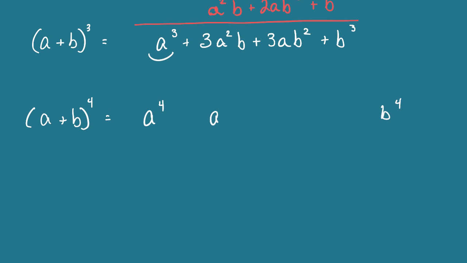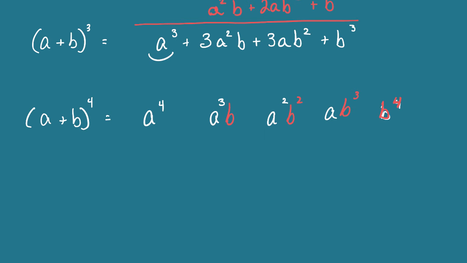And then my a's, remember, just go decreasing order like this. Oops, make that a squared. A and no a's. And my b's do the opposite. They start with no b's, then b to the first, b to the second, b to the third, and then there's that b to the 4th that it ended with.